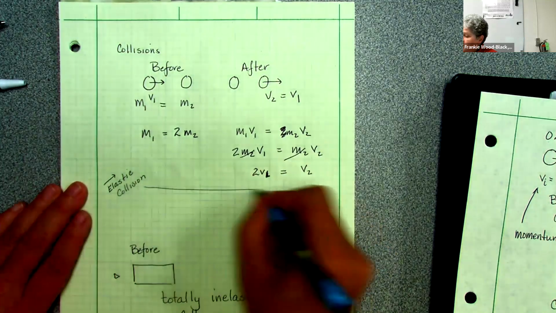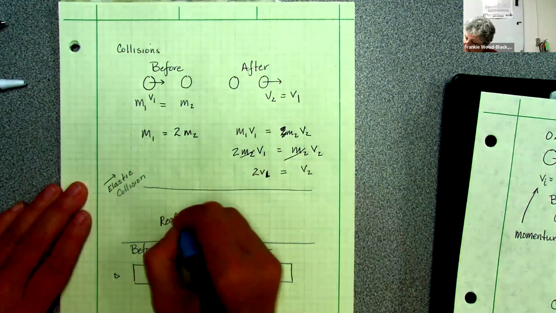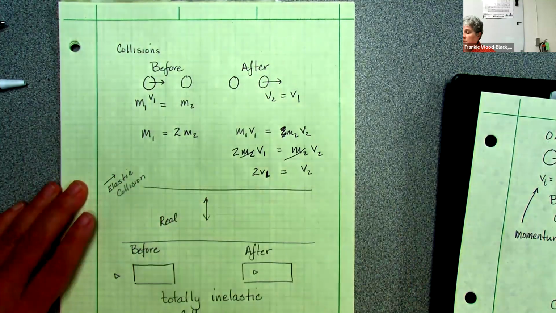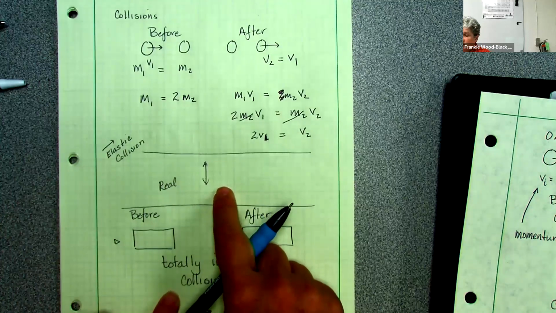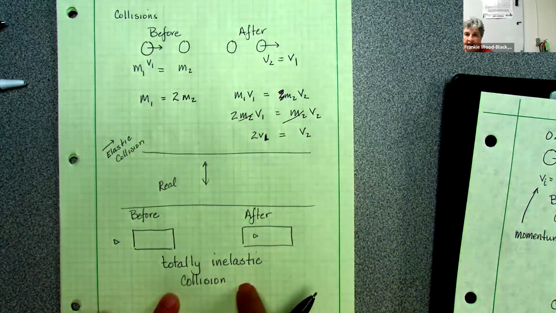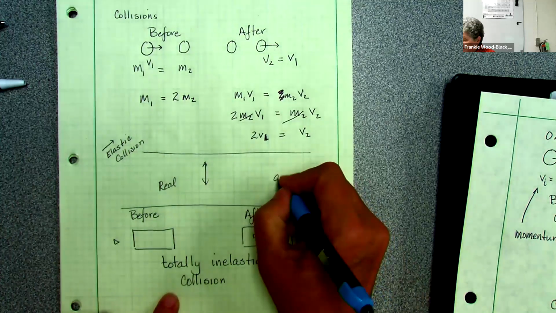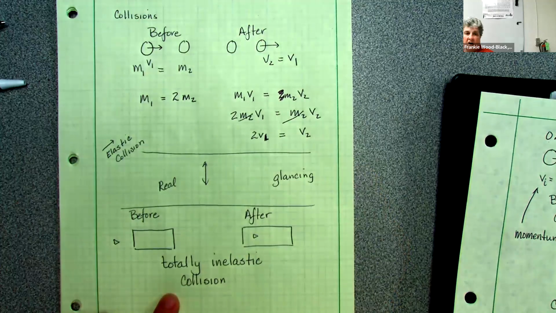And then real collisions are somewhere in between. There are also cases where they're not completely elastic, but they're not totally inelastic. You can call those glancing, or a variety of different things.